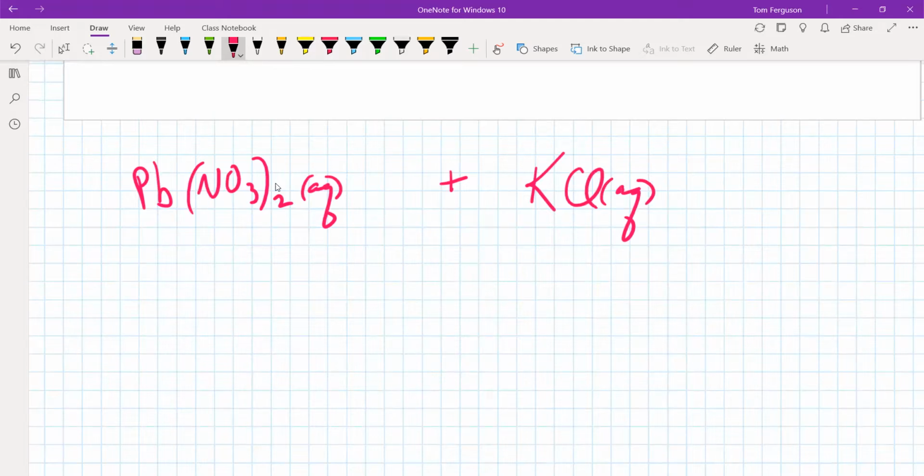Okay, so number one, this is a double replacement reaction. Why? Because we're taking two ionic solutions together. We know it's ionic because of the AQ. Okay, so when we mix these together, we swap the anions. So that means the lead is with the chloride now, the potassium is with the nitrate.